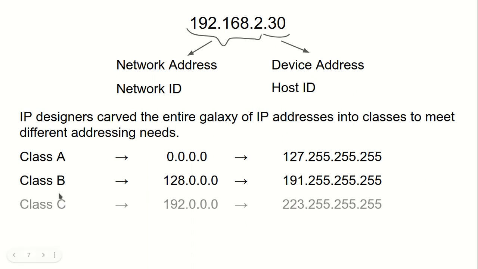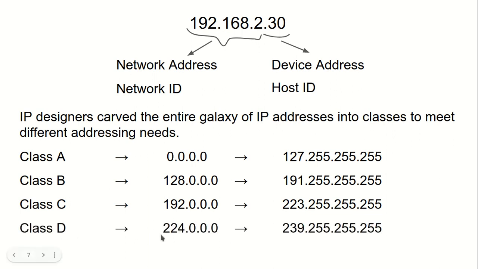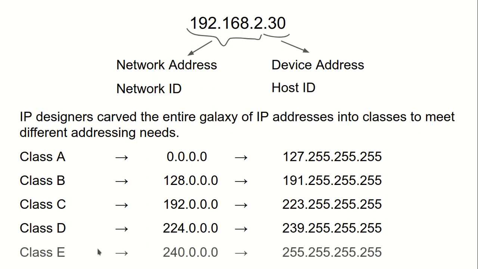After that, class C will start from 192.0.0.0 to 223. After that, 224 will be class D and it will end at 239. After that, class E will start from 240 to 255. So this is the end of the IP address range. After that the IP address will not exceed 255.255.255.255.